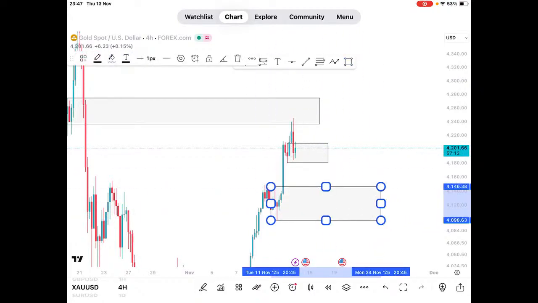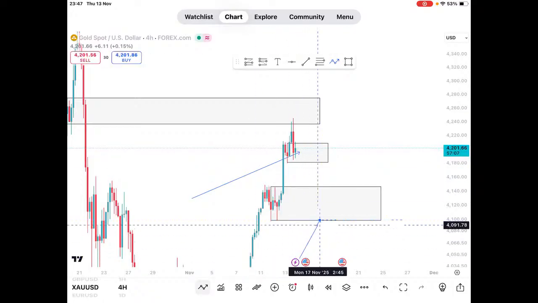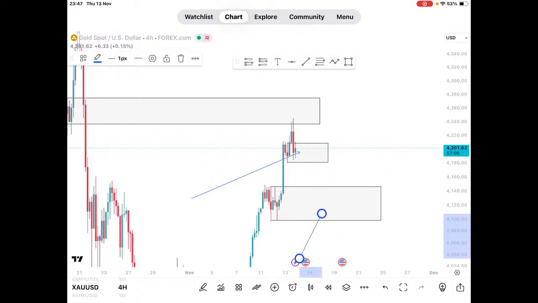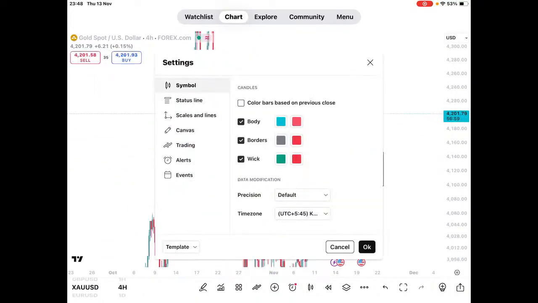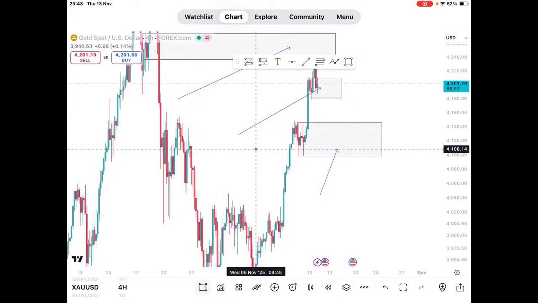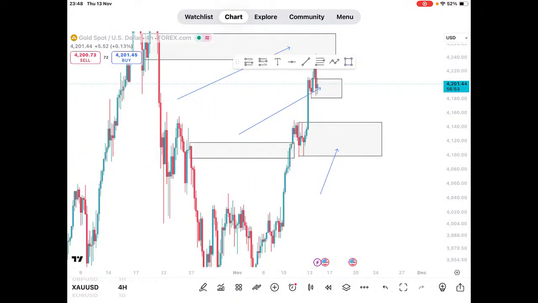And how do I know that this demand will hold and this demand will hold? I need the lower time frame confirmation, right? So why did I sell from here? Why didn't I sell from here? Everything depends upon the lower time frame confirmation.